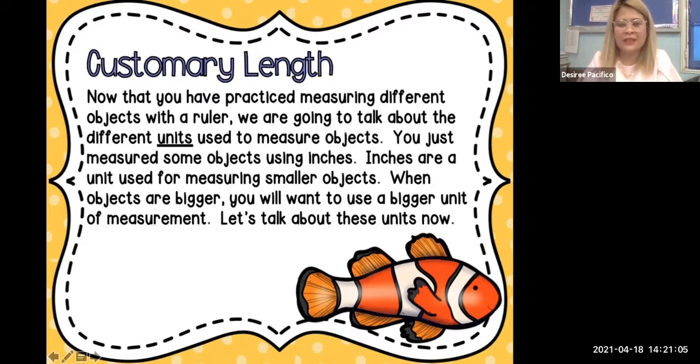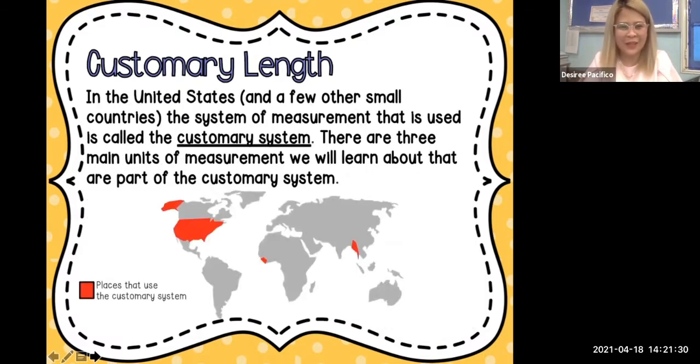Now that you have practiced measuring different objects with a ruler, we are going to talk about the different units used to measure objects. You just measured some objects using inches. Inches are a unit used for measuring smaller objects. When an object is bigger, you will want to use a bigger unit of measurement. Let's talk about these units now. Okay.